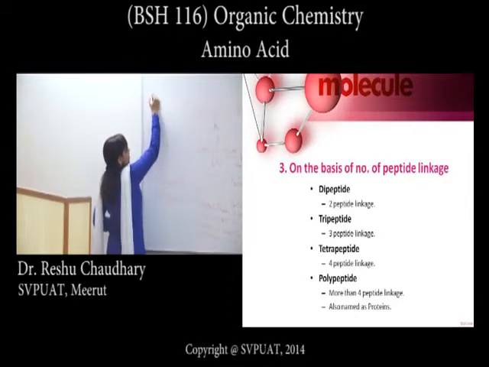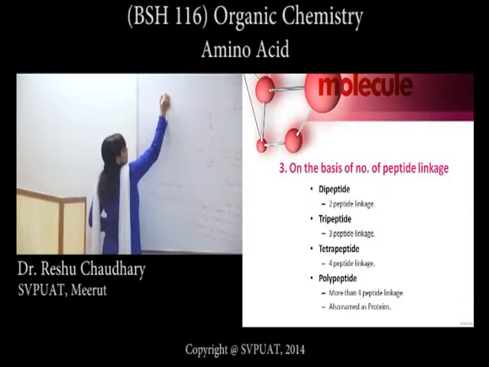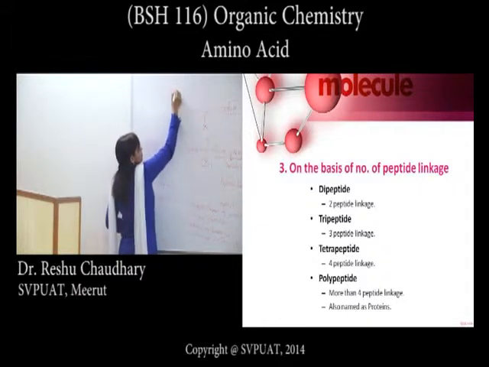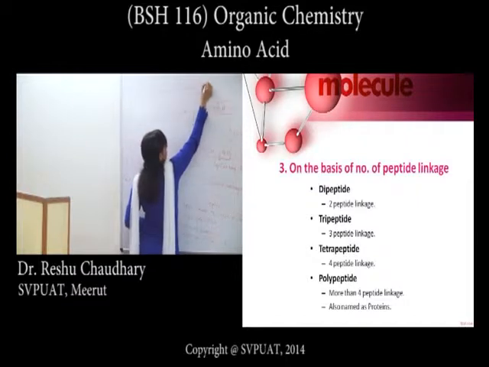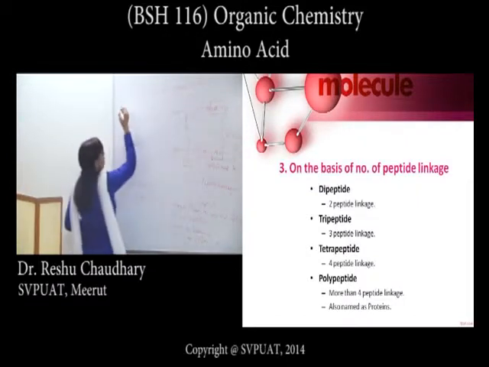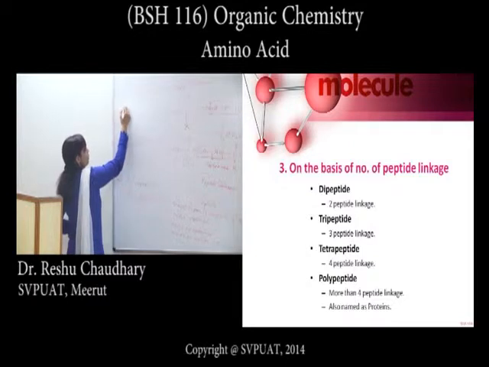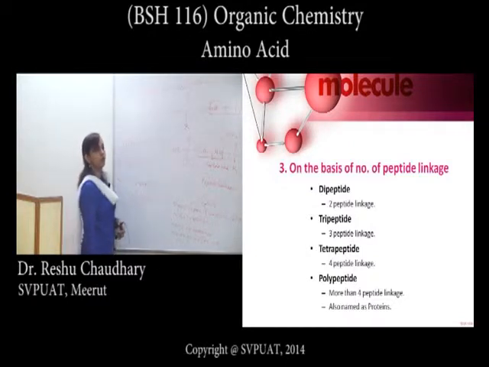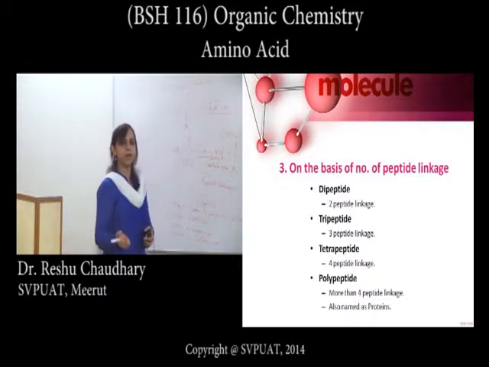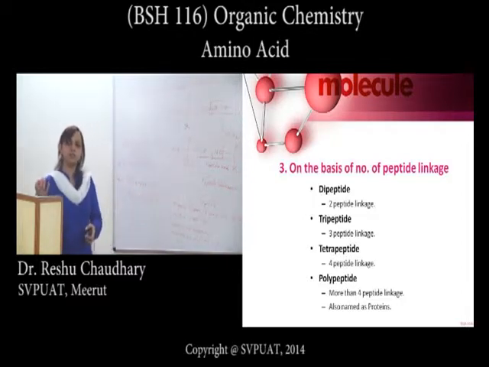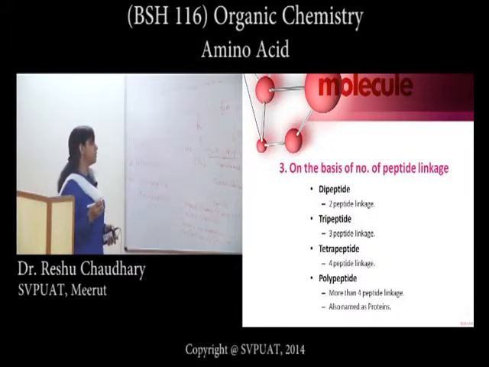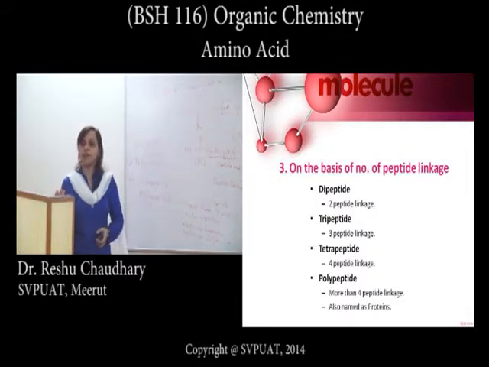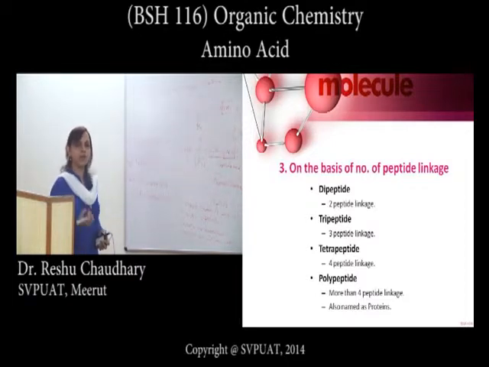So there are 3 categories of classification. First one is on the basis of the attachment of the amino group at the carbon atom, that can be alpha, beta, gamma and delta. Second one is on the basis of requirement to our body, that is essential and non-essential.